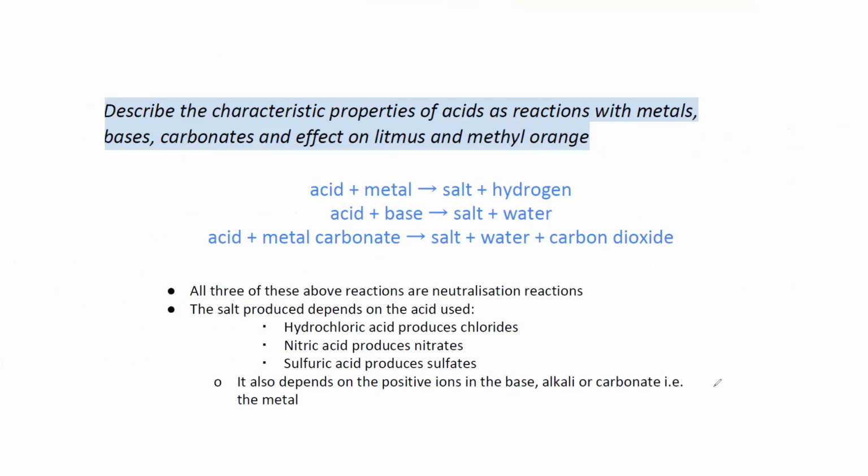So whenever any acid reacts with metal, what will be the result for acid plus metal? This will result in a formation of salt and hydrogen. So any acid, if it is reacting with metal, will result in a formation of salt and hydrogen.